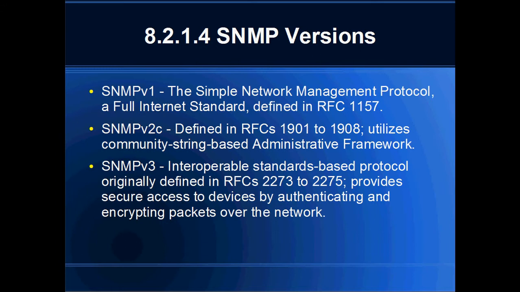SNMP versions. Of the versions available, the most important are SNMP version 1, the Simple Network Management Protocol, a full Internet standard defined in RFC 1157. SNMP version 2c, defined in RFC 1901 to 1908, utilizes a community string-based administrative framework.